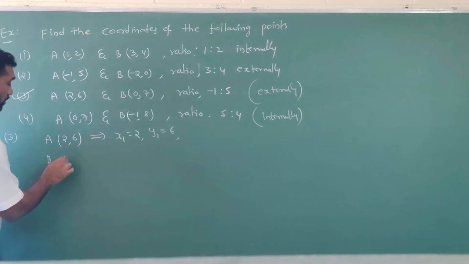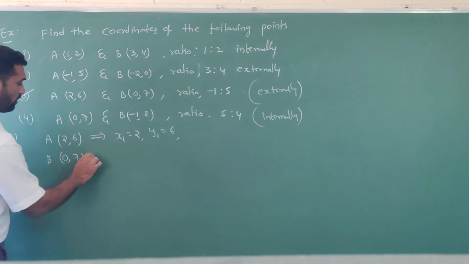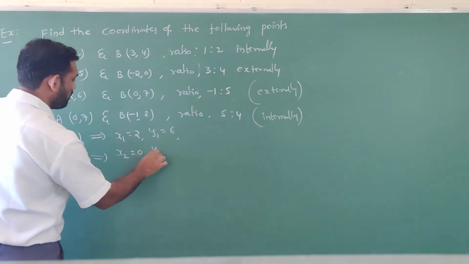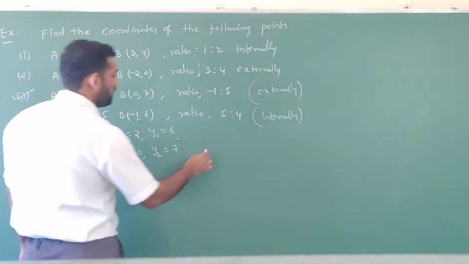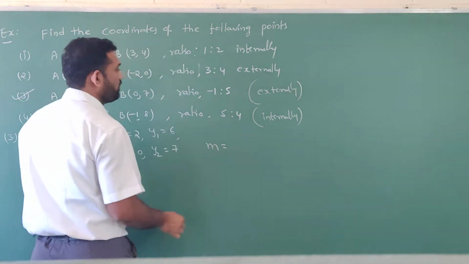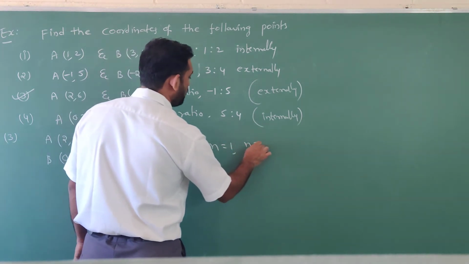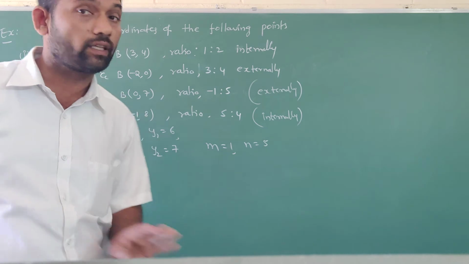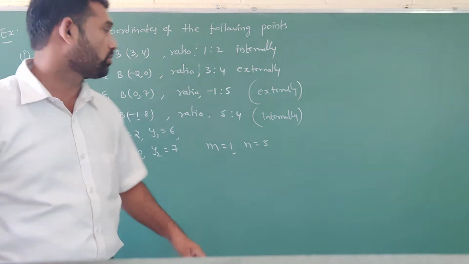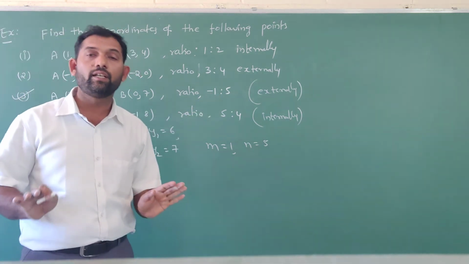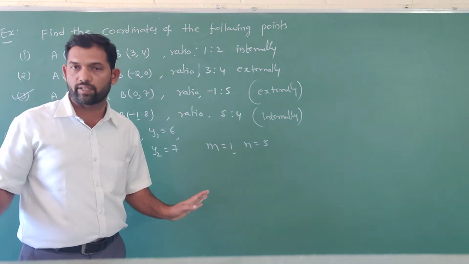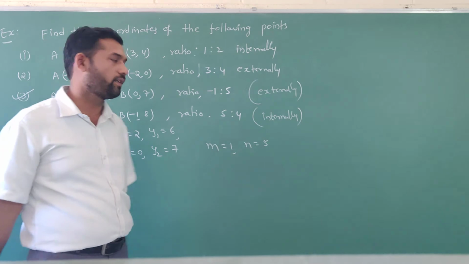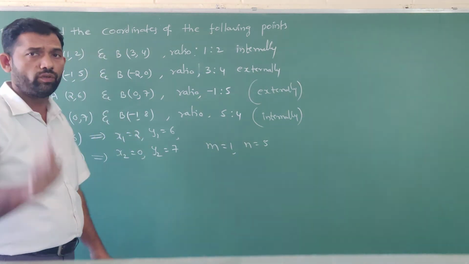B (0, 7) implies x2 is equal to 0, y2 is equal to 7. M is equal to 1, N is equal to 5. So minus 1 indicates external only, not m is equal to minus 1. So m is equal to 1 only we have to take.